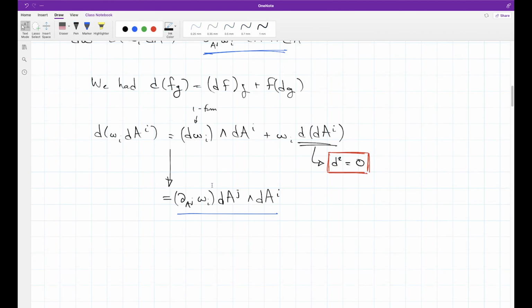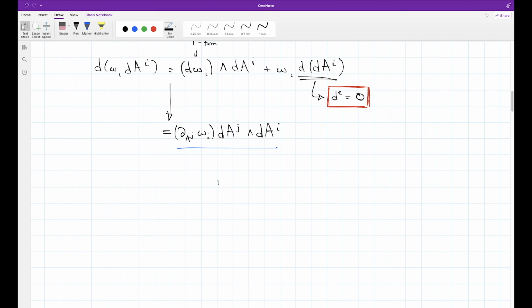Okay, good. So now we have a sense of what the exterior derivative does to two forms. Now we're ready to introduce Stokes' theorem again. And this is really getting at the heart of what I wanted to cover today.